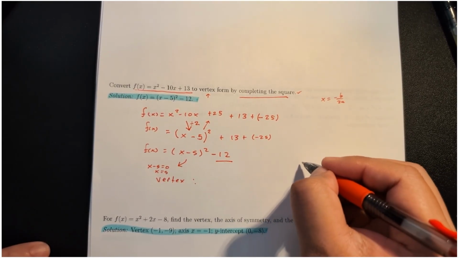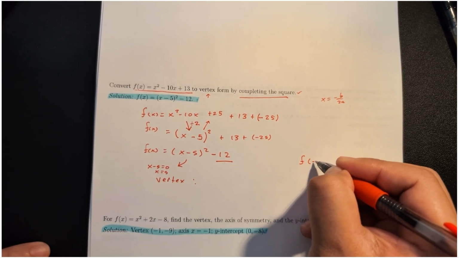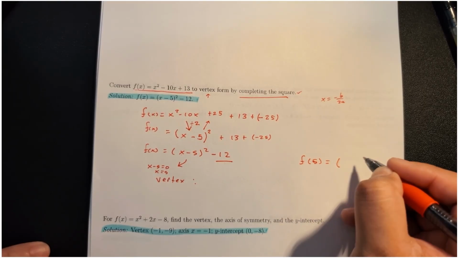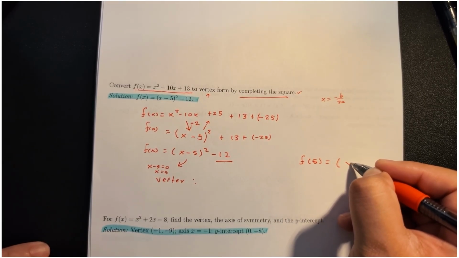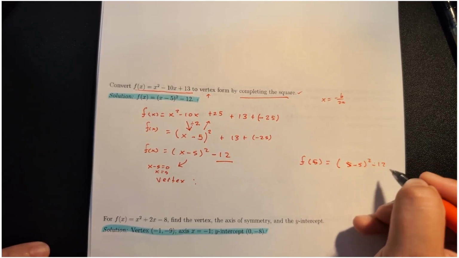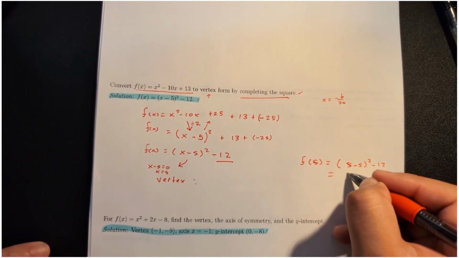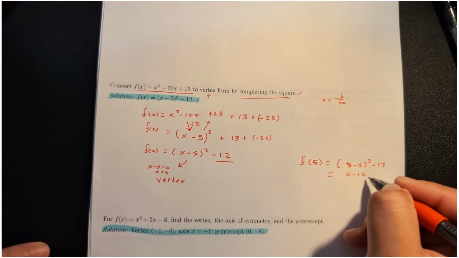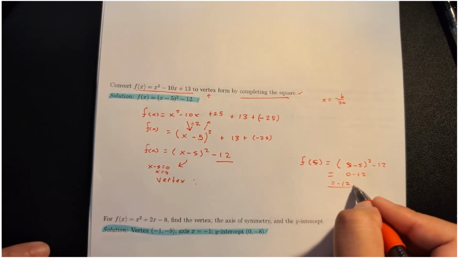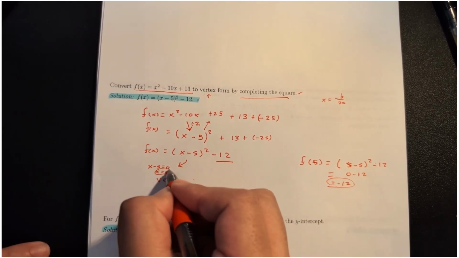So just to double check, f of 5 is going to be 5 minus 5 squared minus 12, and I get 0 minus 12, so -12. So then my vertex is 5, -12.